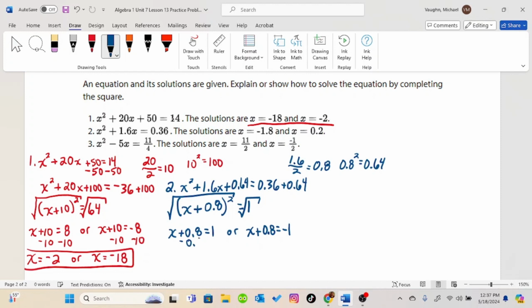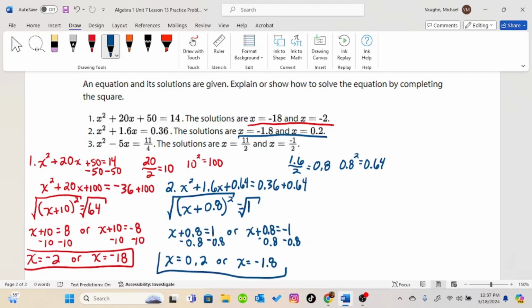In both cases, we subtract 0.8 from both sides. And that tells us x either equals 0.2 or x equals negative 1.8. And if we look, that matches the answers they told us we should get.